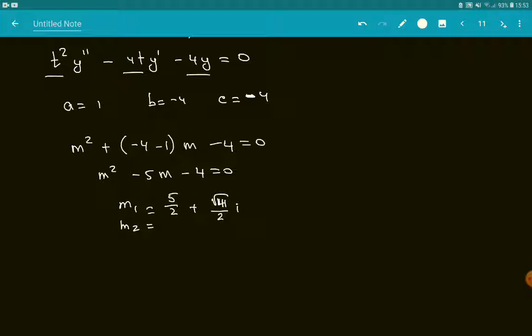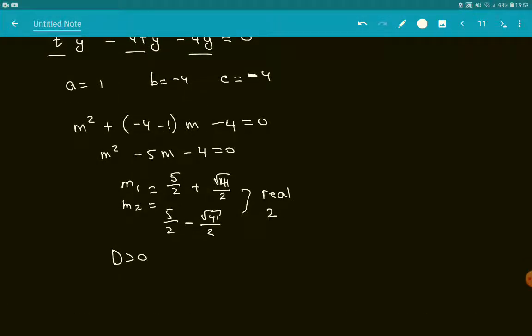Oh sorry, there is no i. For m2 it is 5 over 2 negative square root 41 over 2. So it shows that it has two different real roots. Let's check the discriminant to be sure.